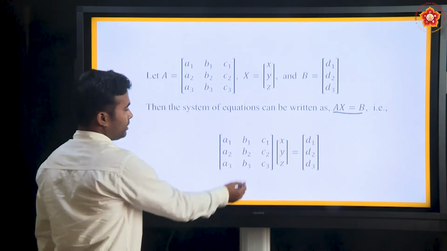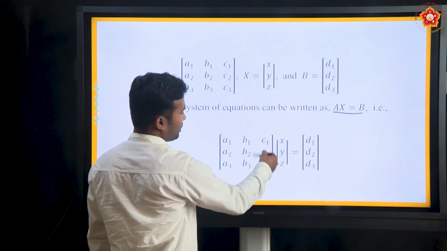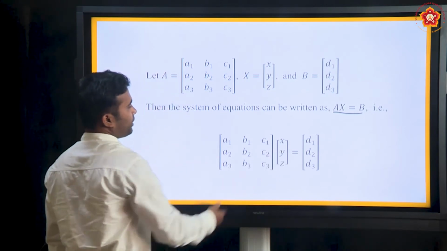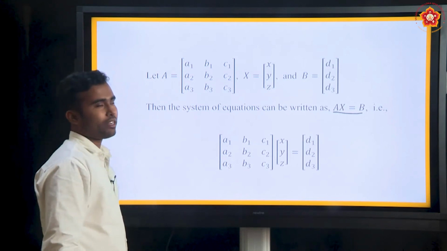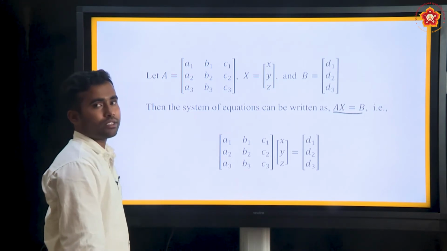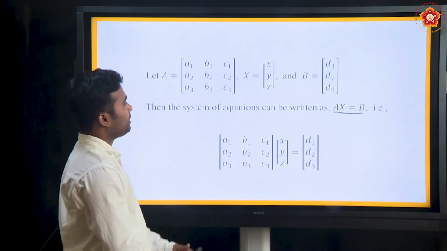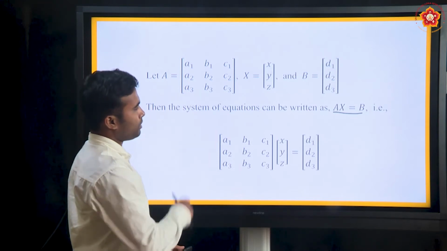After multiplication this also becomes a column matrix, and on the other side also we have a column matrix, so we can equate them, and we will get back to the linear system of equations. In this form we can write it, just remember that.